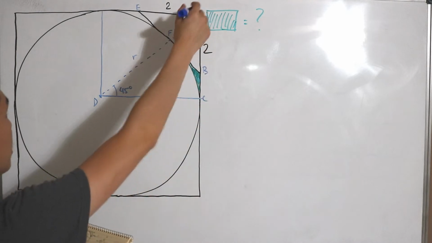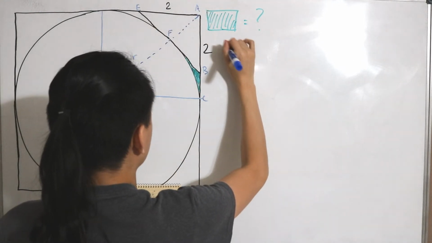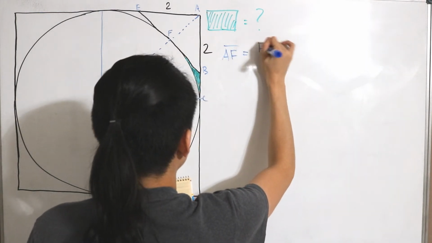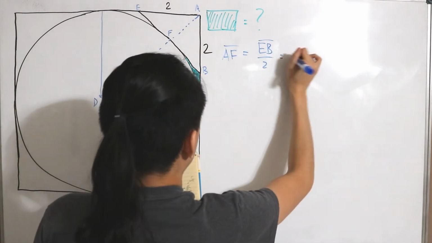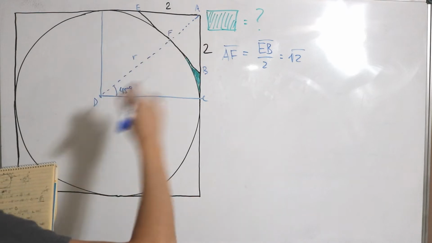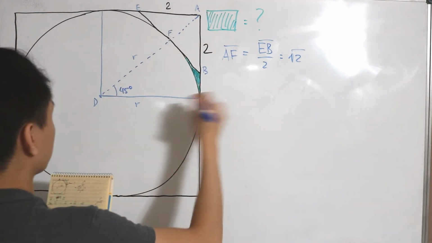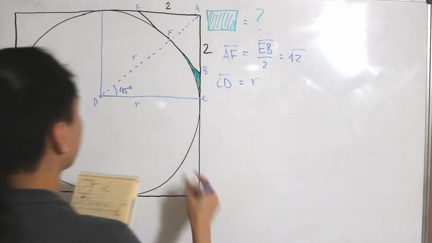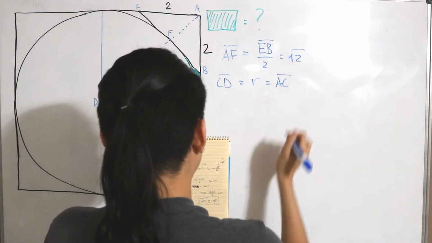So we see the line segment AF. In other words, AF is the same thing as line segment EB divided by 2, which is equal to the square root of 2, as we can calculate from the Pythagorean theorem. Another thing to write down: the line segment CD, which we said is R, is the same as the length of AC as well.